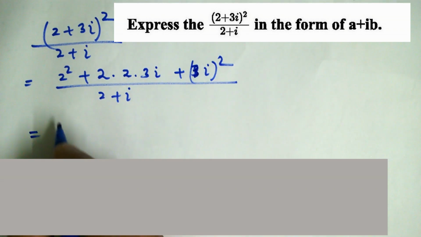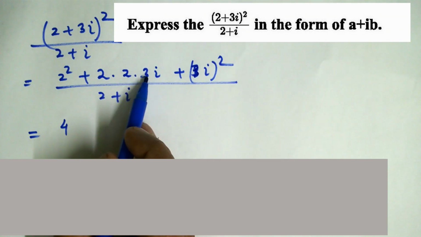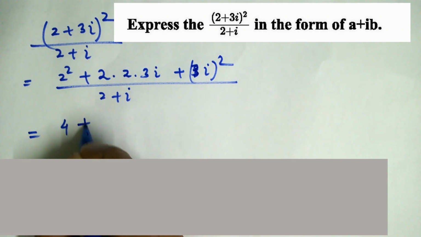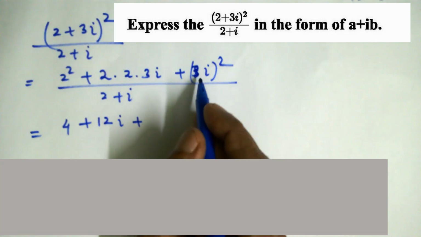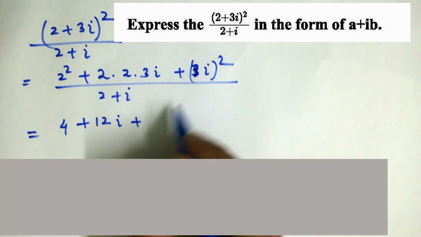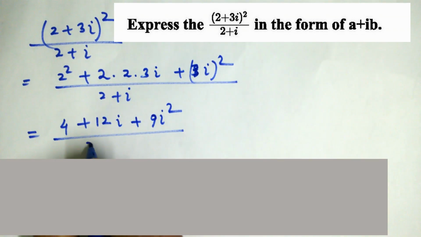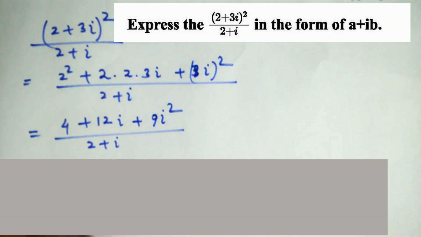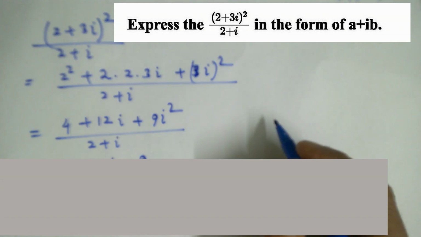That is equal to 2 square means 4, 2 into 2 into 3i, 12i, plus 3i whole square, 9i square, by 2 plus i. That is equal to 4 plus 12i minus 9 by 2 plus i.